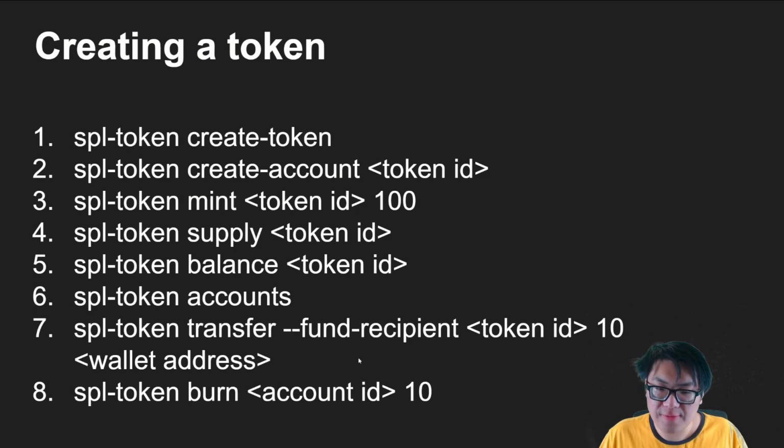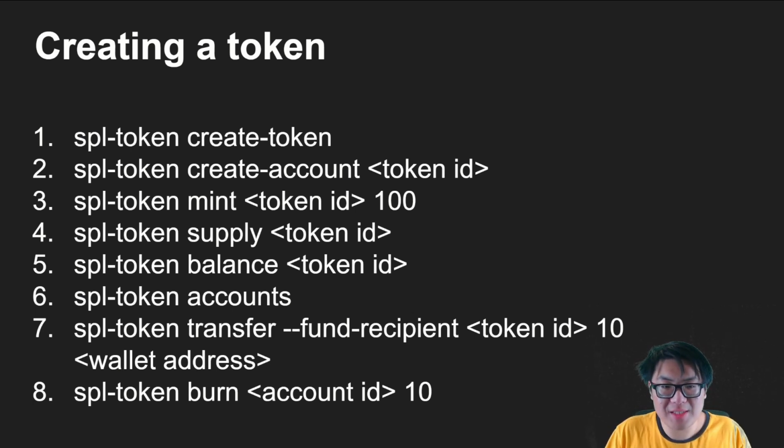So what the fund recipient parameter, or argument, does is that for a certain wallet to be able to take in a certain token, you need to essentially pay rent to have an account to hold that token for that wallet. And so you could get the user of the wallet to do that themselves, or you, the sender, could pay the SOL to create the account for the recipient to hold the token.